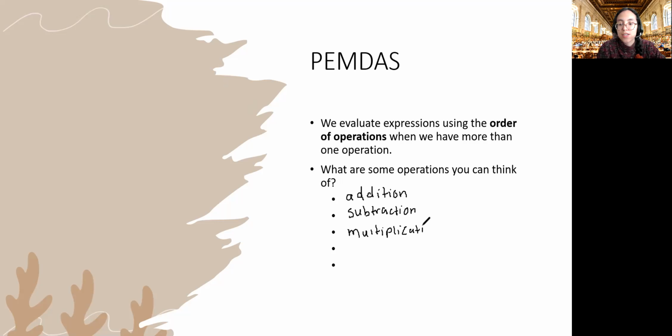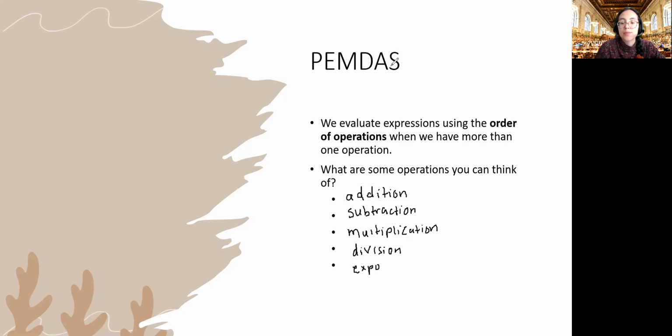Yes, multiplication. And what is the opposite of multiplication? Division. Division, I feel, is multiplication's evil twin sometimes, just like subtraction can be the evil twin for addition, I feel. Those are just my opinions, not facts. And finally, we have the exponents, right? Exponents or powers.